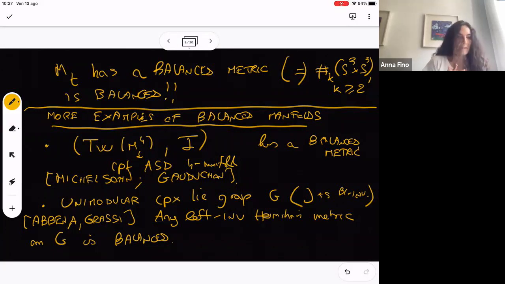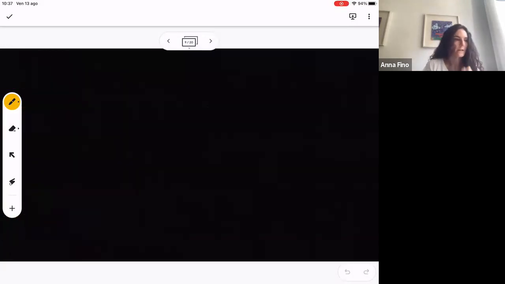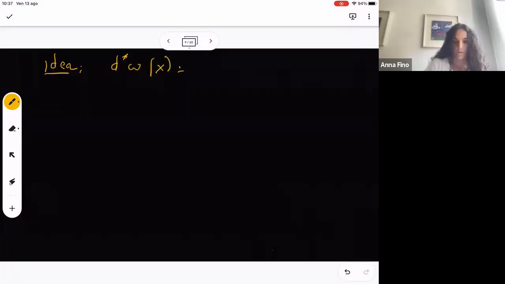And the proof is very simple. I will just say a few words about that because it's a nice computation and is very simple. So the idea of the proof is the following. Let's take the co-derivative of omega, a one form applied to x. This is a general formula.